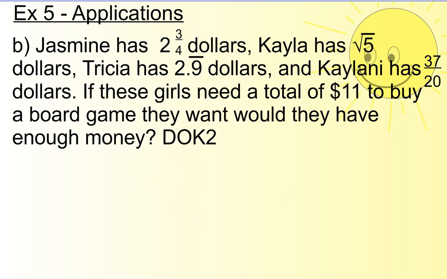Letter B. Jasmine has 2 3/4 dollars. Kayla has square root of $5. Trisha has 2.9 repeated dollars. And Kaylani has 37 over $20. If these girls need a total of $11 to buy a board game that they want, would they have enough money?